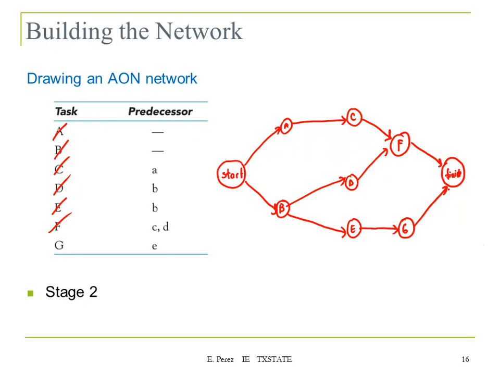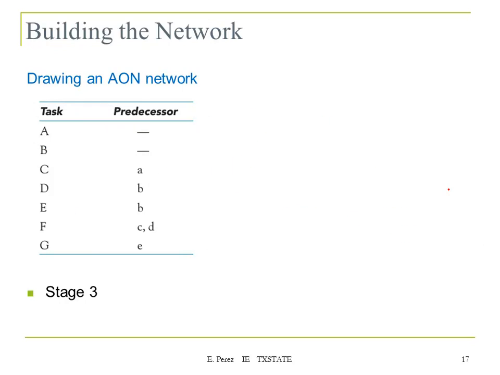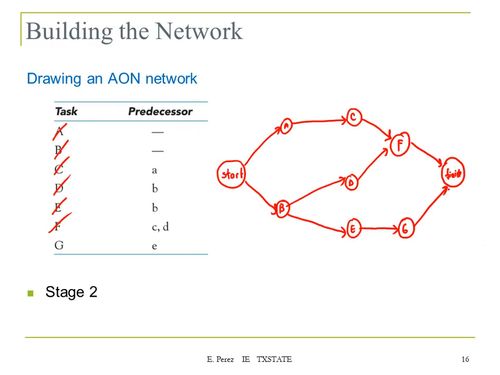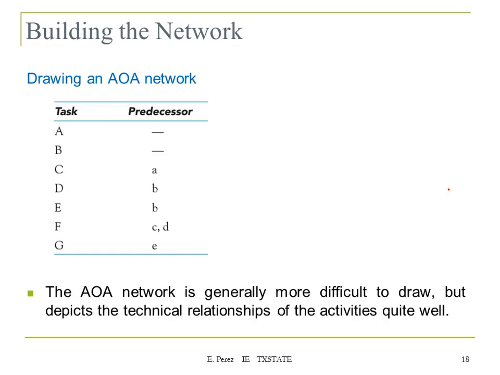The other one can be a little bit confusing. So let's try. I'm sorry. This was an extra slide that I was going to use to complete the network, but I completed it here. So let's work on the AOA. So again, we're going to have the start node.